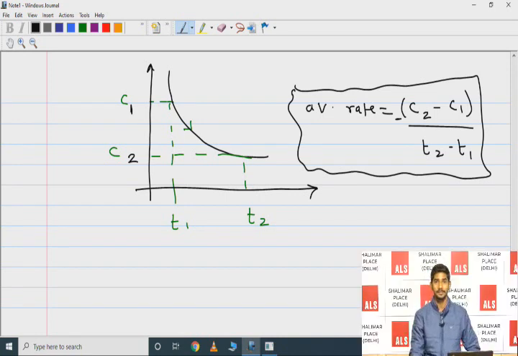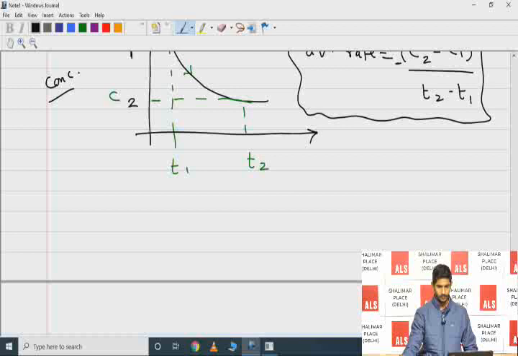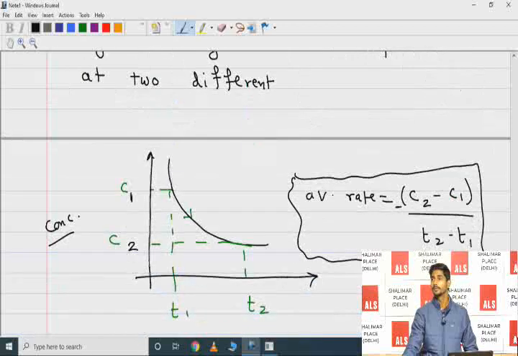Make upper one as a C1 and this one as C2. Okay. Now, have you copied that?